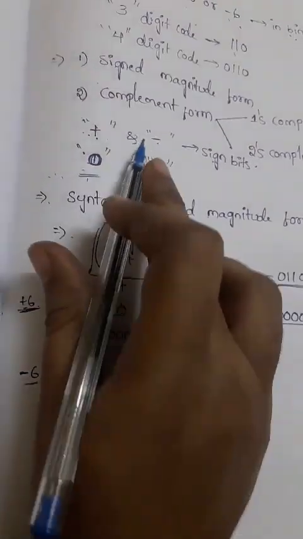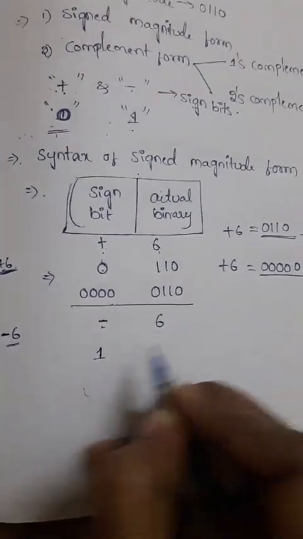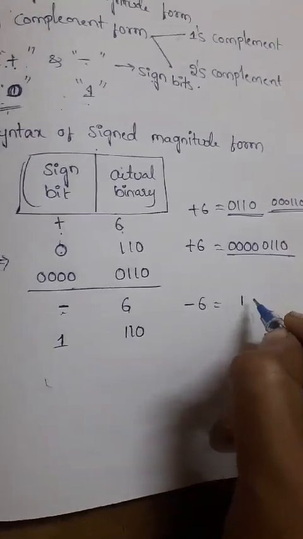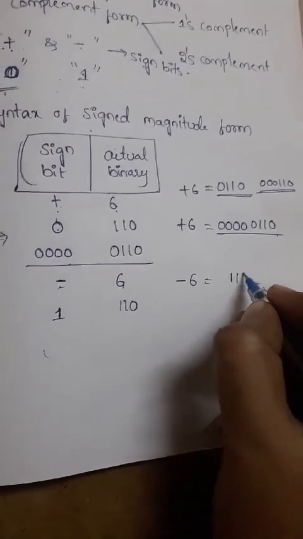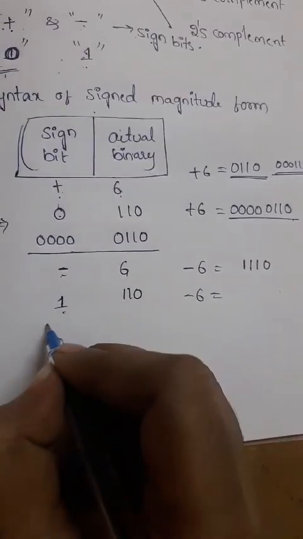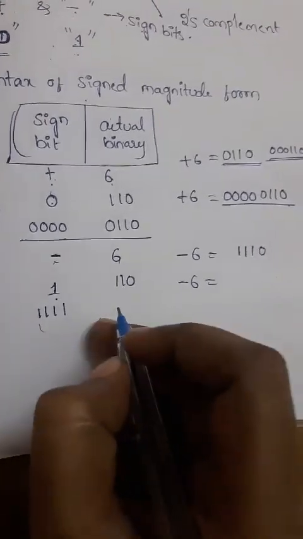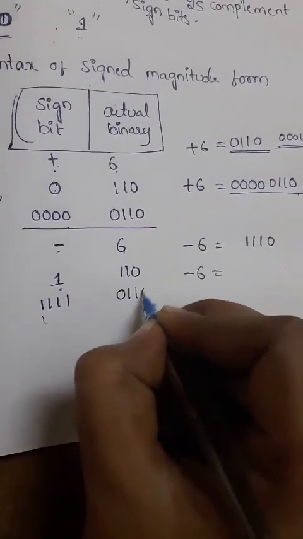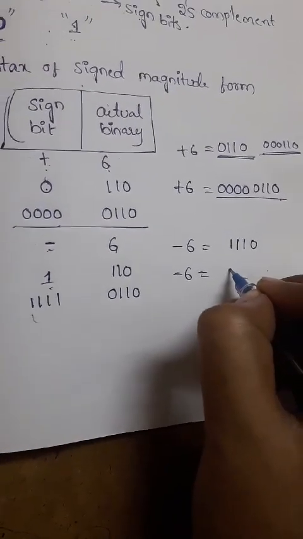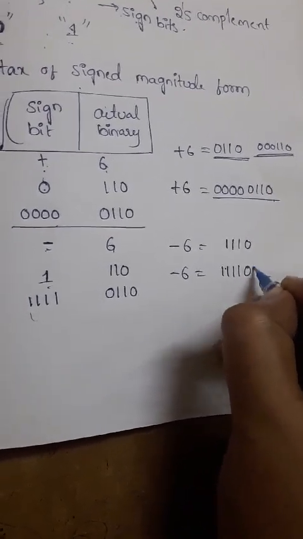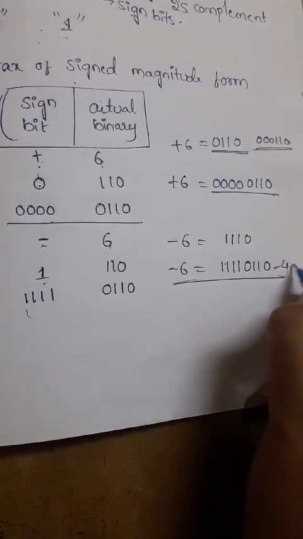Minus in binary is 1, and 6 in binary is 110. For a 4-digit code, the binary of minus is 1111, and the 4-digit code of 6 is 0110. So finally the result of minus 6 in signed magnitude form is 11110110. This is the 4-digit code.